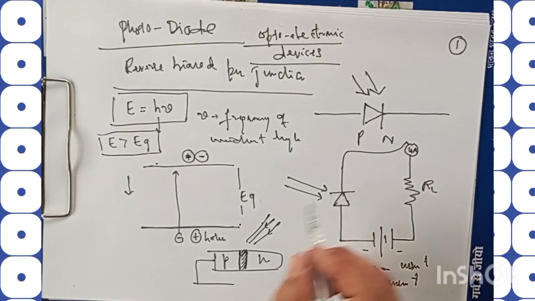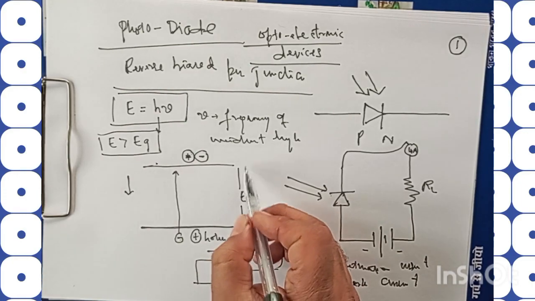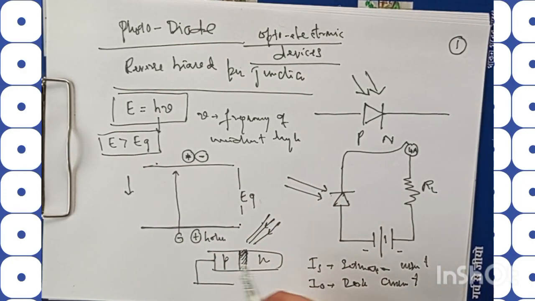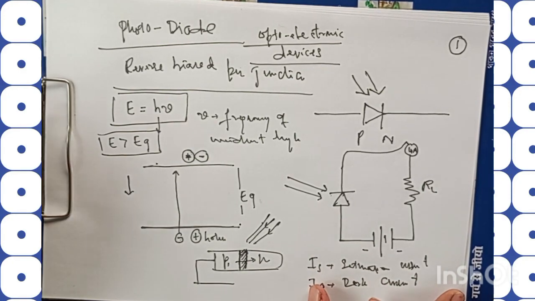In addition to that, we are generating electron hole pairs, and these electron hole pairs are diffused. You have electrons going into the N region, and you are developing holes from the other side. So what's happening to the overall current here is we have two currents.